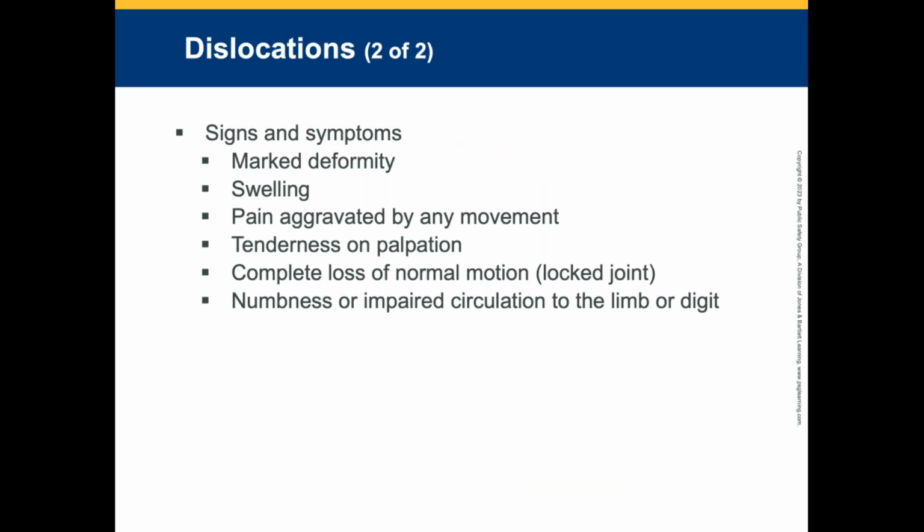So signs and symptoms would be marked deformity, swelling, pain that is aggravated by an attempt at movement, tenderness on palpation, virtually complete loss of normal joint motion or locked joint, numbness or impaired circulation to limb or digit, which is considered an urgent injury because of its potential to cause neurovascular compromise distal to the injury site. So always assess the patient's neurovascular status distal to the site of dislocation.